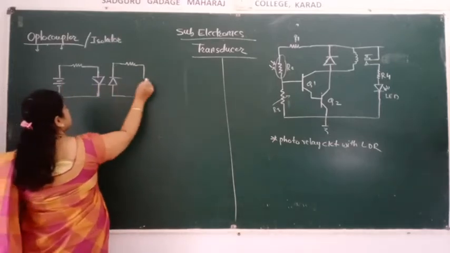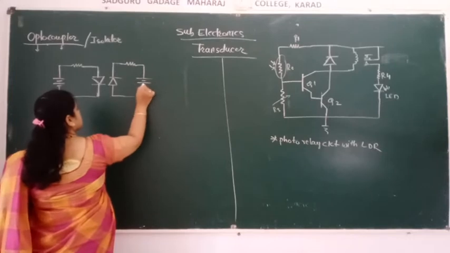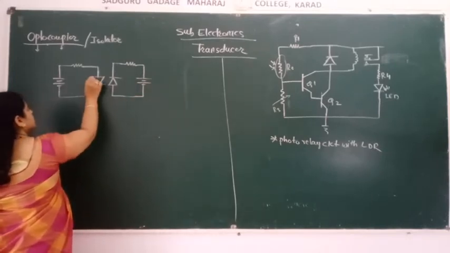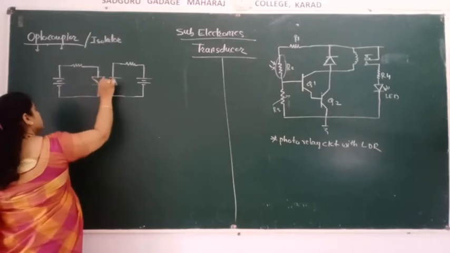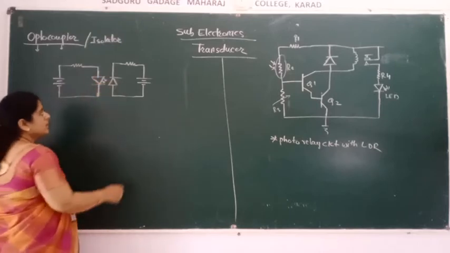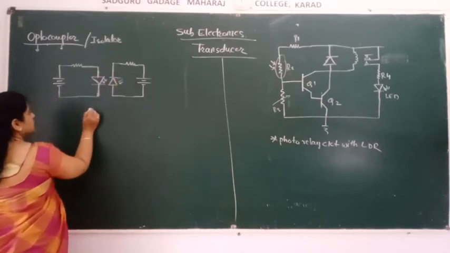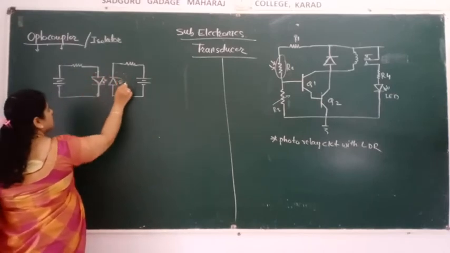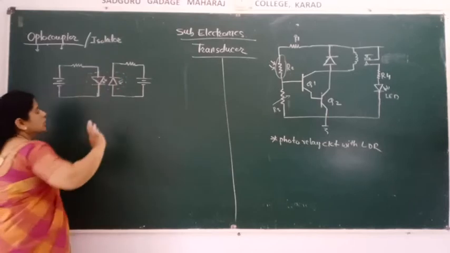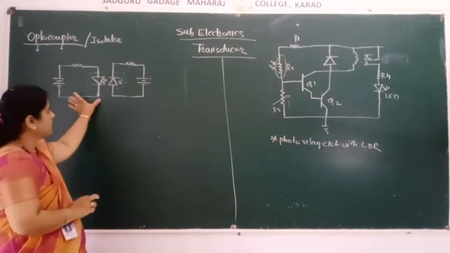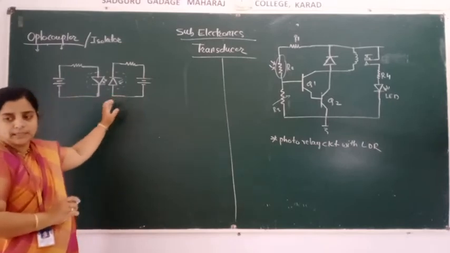Again here a battery is connected. See, this is your LED which emits the light, and this is the photodiode. There is no electrical connection between these two. This is a separate circuit.